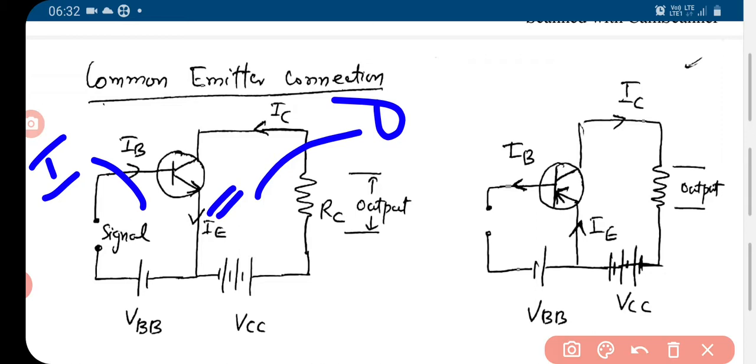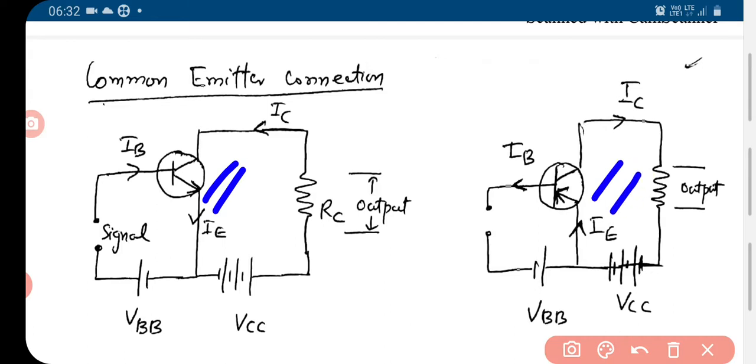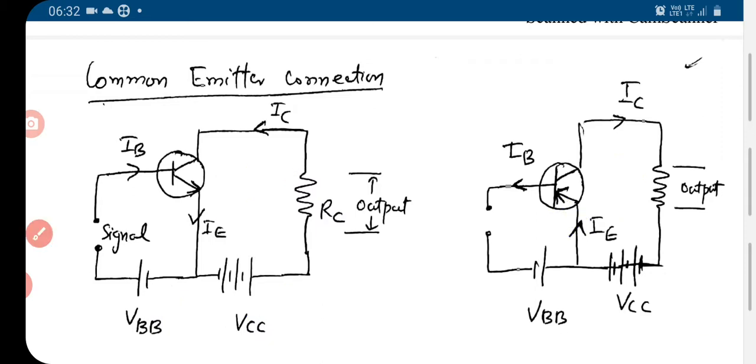This is for the NPN transistor, and this is for the PNP transistor. As we said earlier, the input is forward biased and the output is reverse biased. When we look at the polarities of the batteries, we can see that. The same is true for this PNP transistor as well.